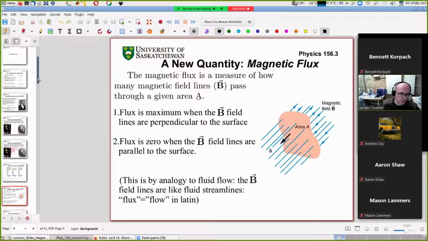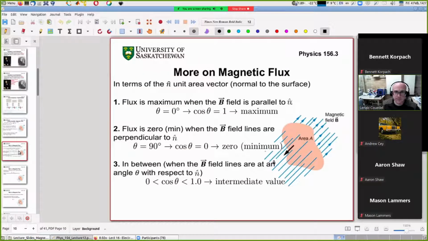So let's try to quantify this a little bit more. In this area, you can always define a unit vector n hat, which is normal to the surface. That is the black vector here, n hat. And this n hat vector can make an angle theta with the magnetic field.